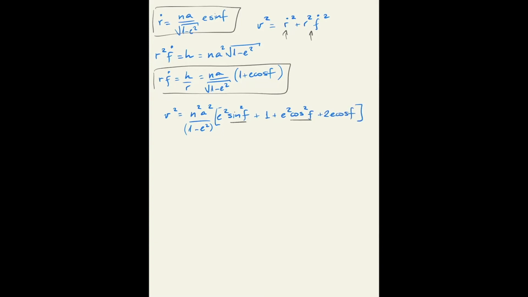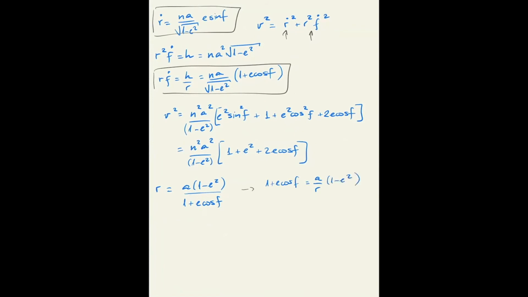Cosine and sine sum in a trigonometric identity, and what you have then is 1 plus e squared plus 2e cosine f. And now to advance here, realize that you can rearrange the equation for the radius vector and write 1 plus e cosine f is equal to a over r times 1 minus e squared.